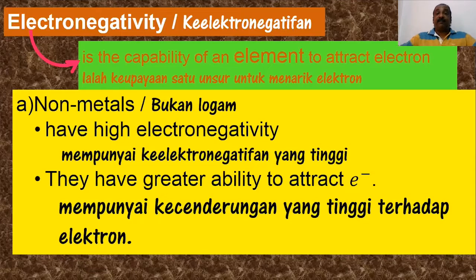And if I go above the period, yang di atas, semakin ke atas, atomic radius kecil juga. So among all the atoms that we have, the smallest atom, the atom that has the highest electronegativity, ialah fluorine. Kerana berada paling ke kanan dan paling ke atas.